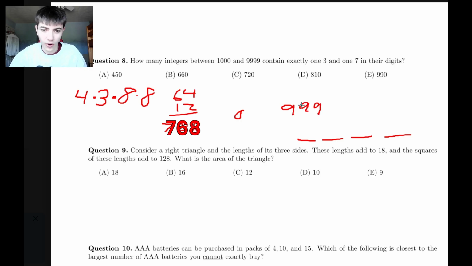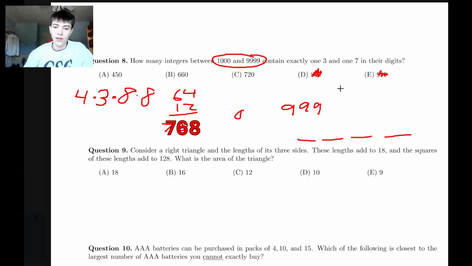Because those ones are not allowed, because it specifically states integers from 1000 to 9999. So we know that we included more and got 768. So if we need to get rid of some of the ones that we already counted, then there's no way that the answer can be greater than 768, right? So because of that, we can eliminate D and we can eliminate E.